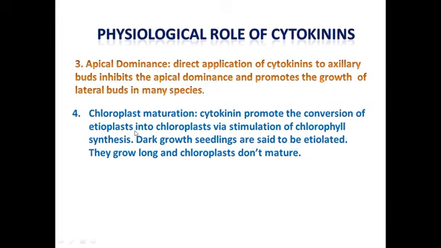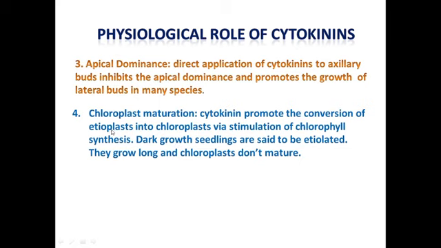Now, next we have chloroplast maturation. Cytokinins promote the conversion of etioplasts into chloroplasts via stimulation of chlorophyll synthesis. You know, the seedlings which are grown in the dark, away from sunlight, you must have seen they elongate and turn pale, in the sense they are yellowish in color, because they don't have chlorophyll present in them, and the chloroplasts in those dark grown seedlings become etioplasts.